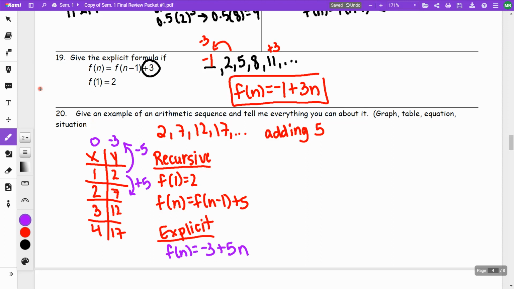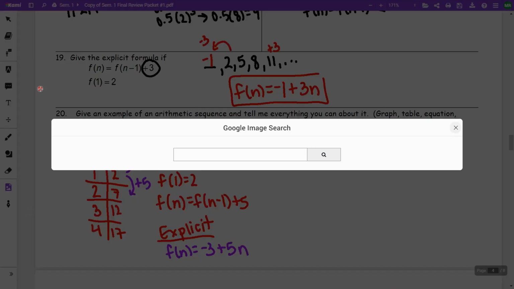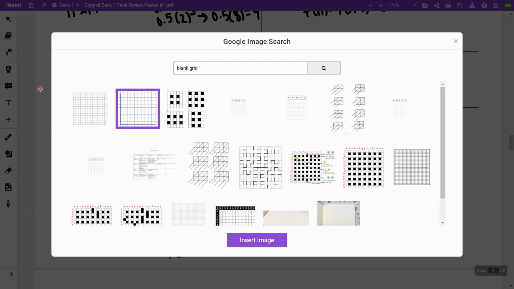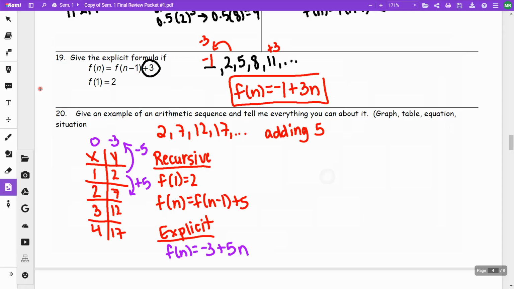Then for a graph, let me just get a graph here. So blank grid. Okay, let's just say insert this one.